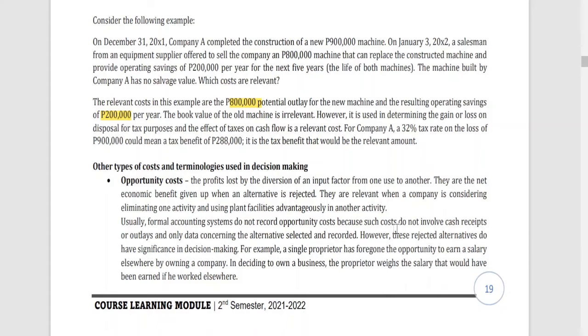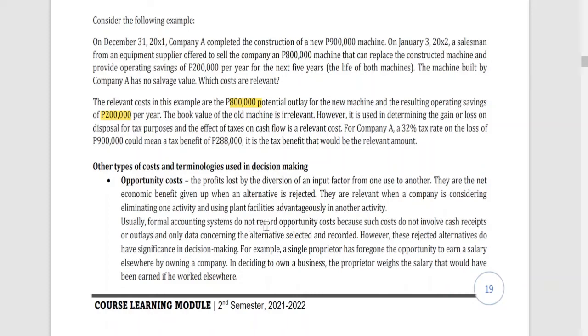Naa tay gi-give up, naa tay gi-forgo. So, katong benefit nga gi-forgo, that is an opportunity cost. So, they are the net economic benefit given up when an alternative is rejected. They are relevant when a company is considering eliminating one activity and using plant facilities advantageously in another activity.